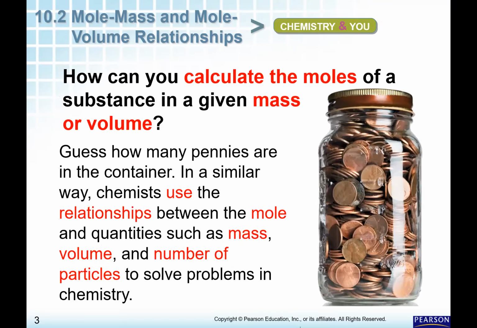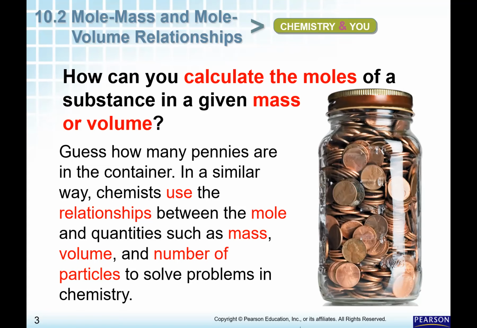We will see that. So here's a general example. The question is, how can you calculate the moles of a substance in a given mass or a given volume? Meaning, if we give you grams, let's say 10 grams of potassium, how many moles is that? It is similar to what you see in the picture in front of you. If you want to count how many pennies are there, it will be difficult.